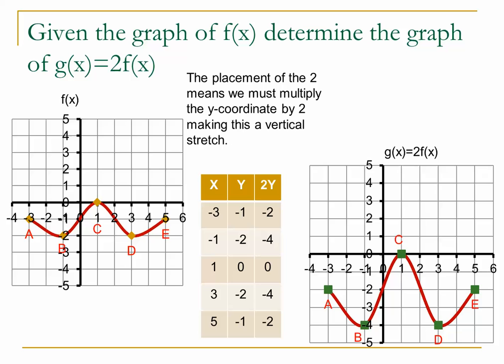And E moves to 5, -2. So you can see when it stretches, it's almost like taffy. It's being stretched out. It still kind of has the shape, it's just a stretched out version of it. So it's nice to have these rules on hand to transform graphs. It's almost, dare I say, a little bit fun.